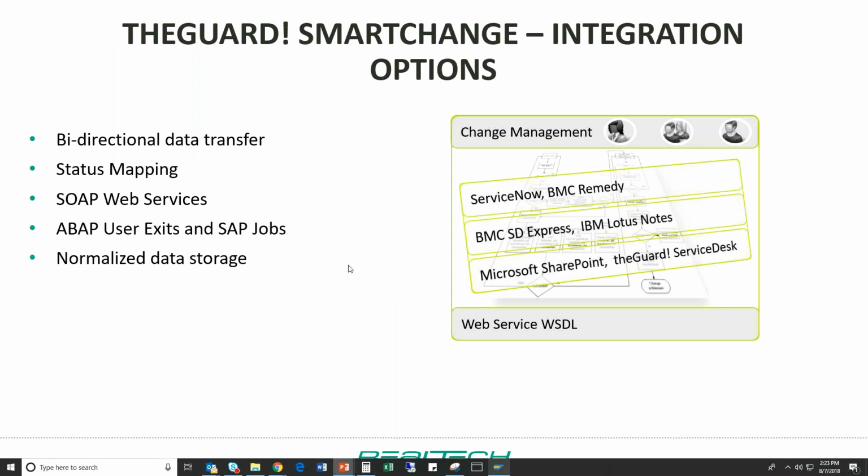We do that via some user exits and some SAP jobs, but coming soon is a new API that is pretty open-ended, and it'll connect to any outside application, so you could integrate your existing change processes or any kind of SharePoint site into our solution.